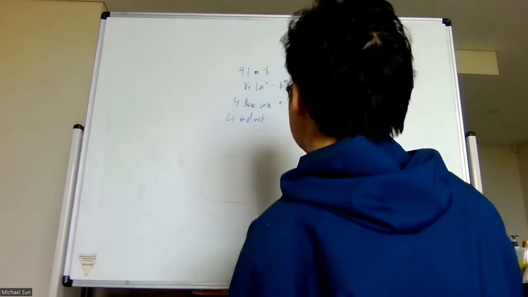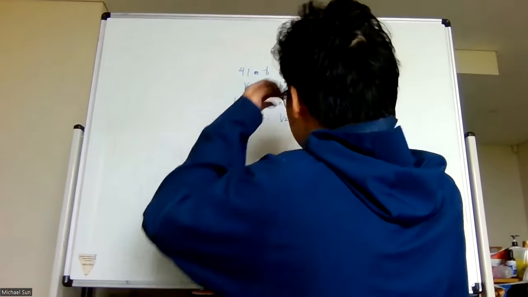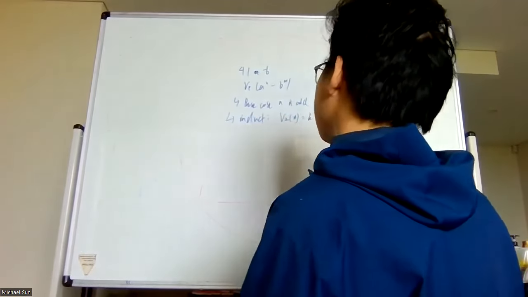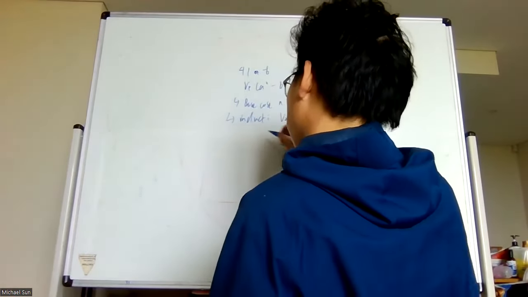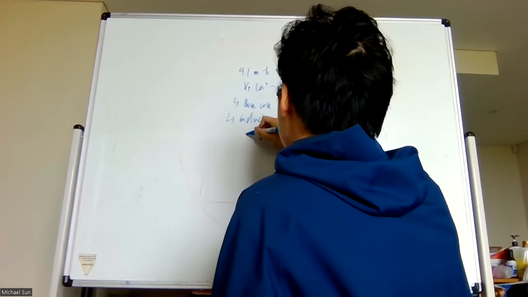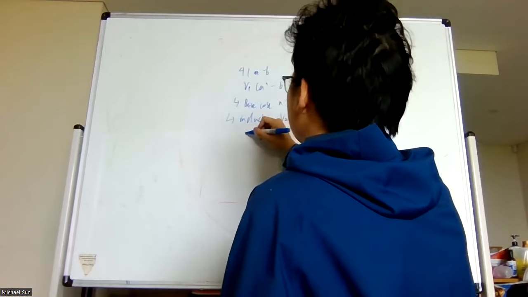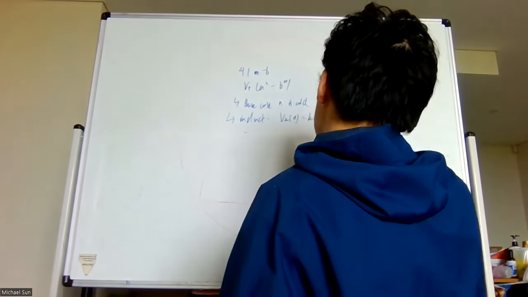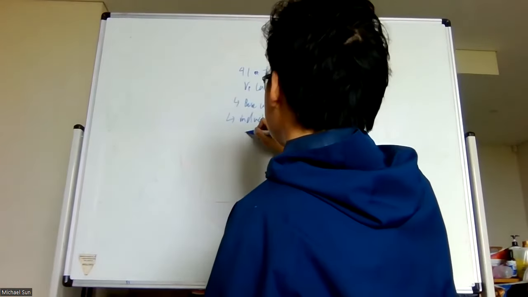So yeah, now we look at N, set it equal to 2K, and we can say N is equal to 2 times N dash.